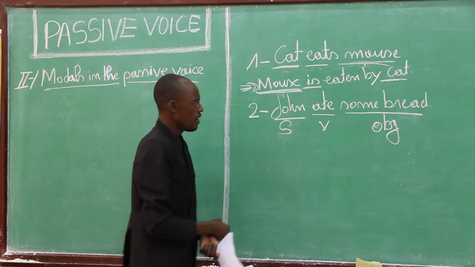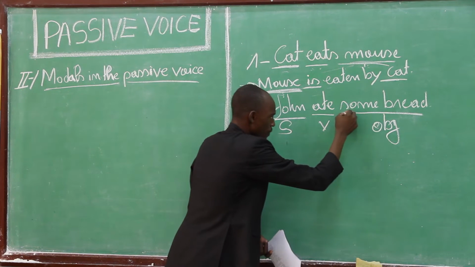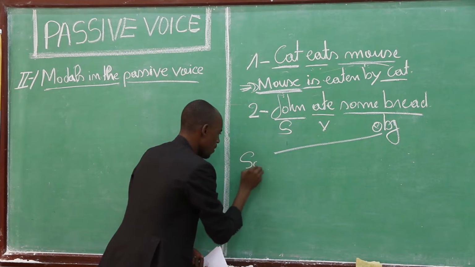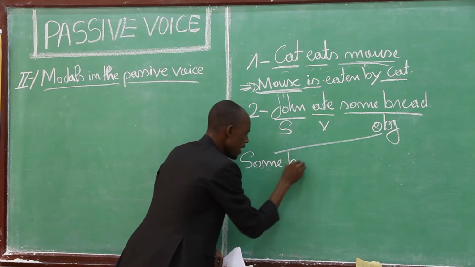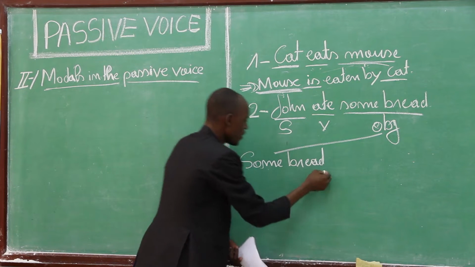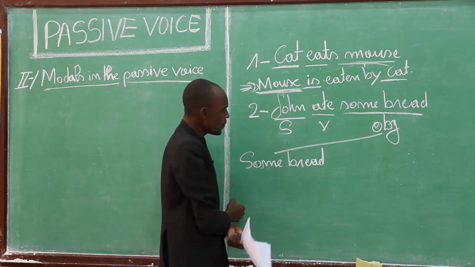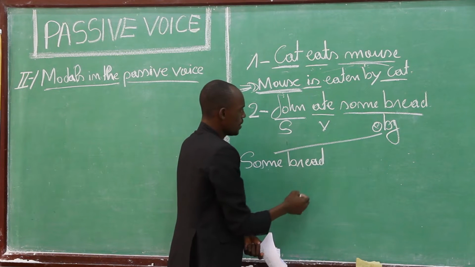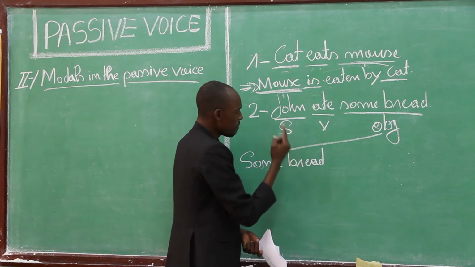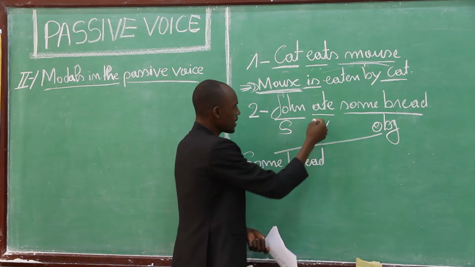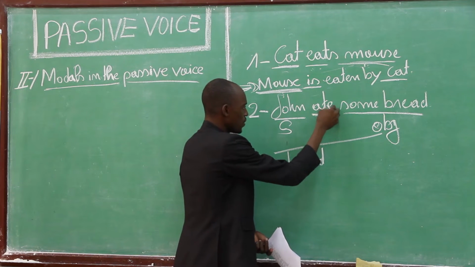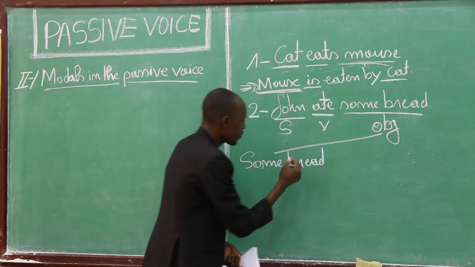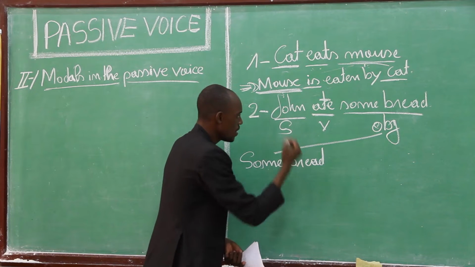Okay? Now in passive voice, the object becomes the subject. We have some bread. And after the subject, we put the auxiliary to be. But this auxiliary must be conjugated according to the tense of the verb of the active voice. This verb is conjugated in the simple past, and the auxiliary to be must also be in the simple past.